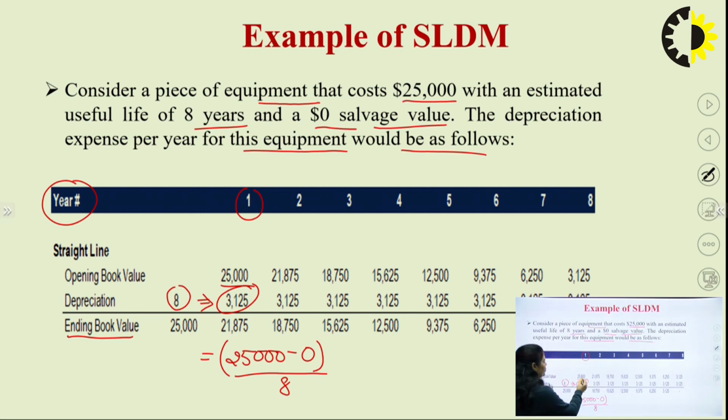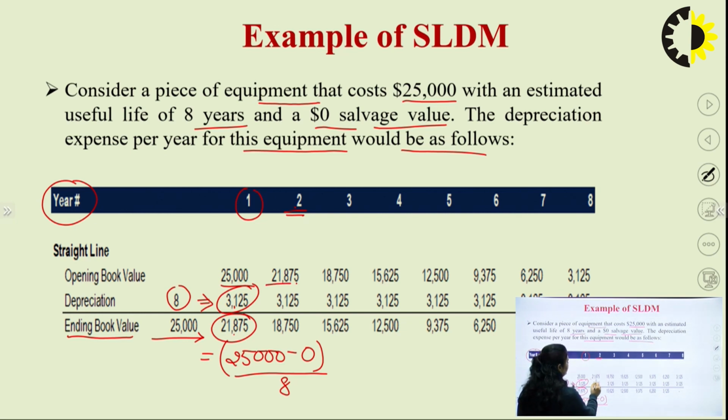And we will subtract this value from 25,000, and we will get this one. This will be the reduced value, or the cost of the equipment at the end of the year. So, this will be the ending book value. In the second year, we will start from this ending book value of the first year.